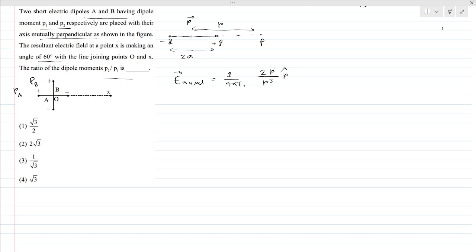P cap means, for this case, the direction of the electric field will be from minus q to plus q charge. That means along this direction.